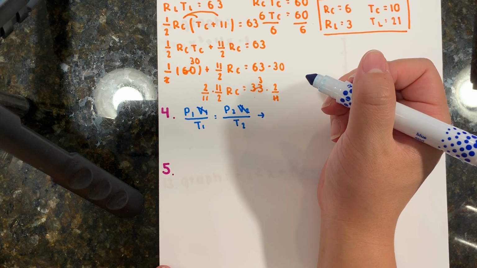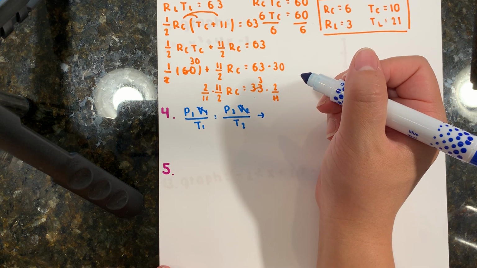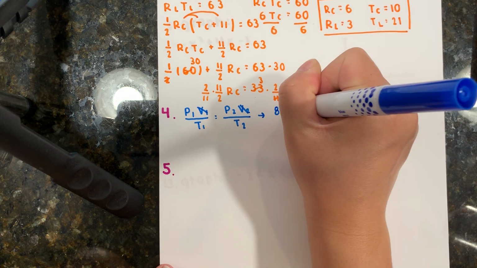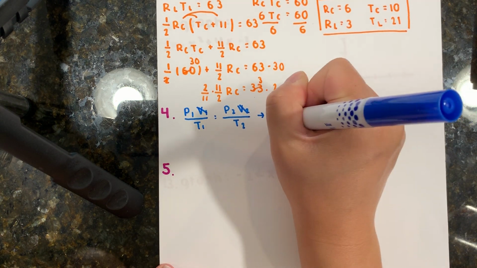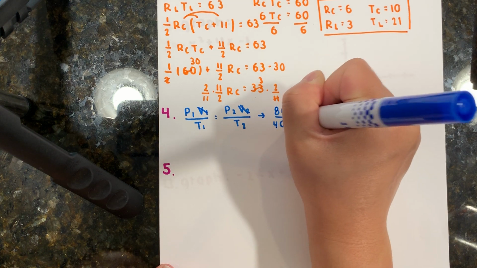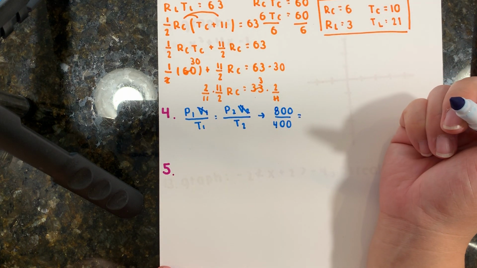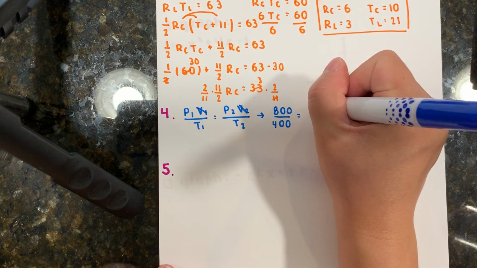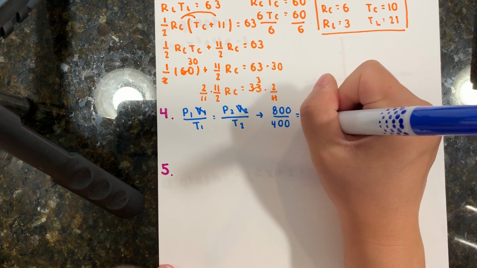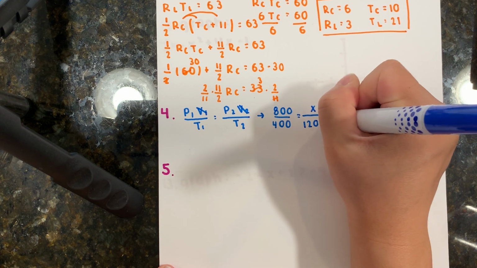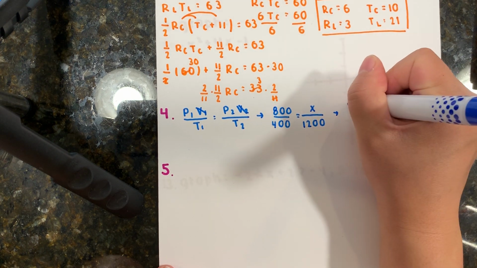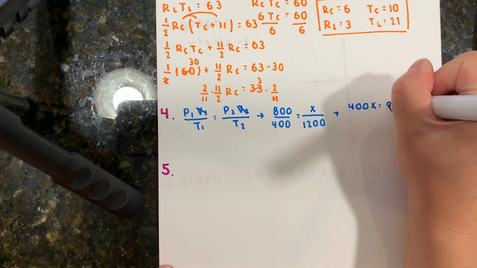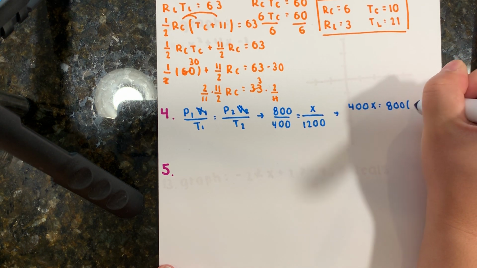I know that the original pressure is 800, original temperature is 400. So 800 over 400 equals, and we're trying to solve for the final pressure if the temperature is now 1200. Cross multiplication is going to give me 400x equals 800 times 1200.